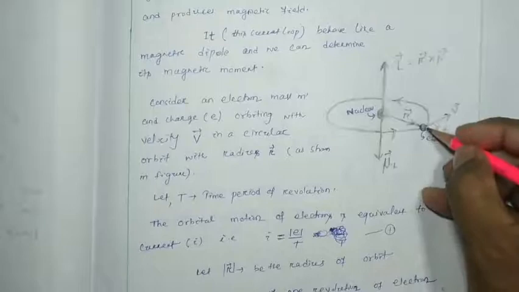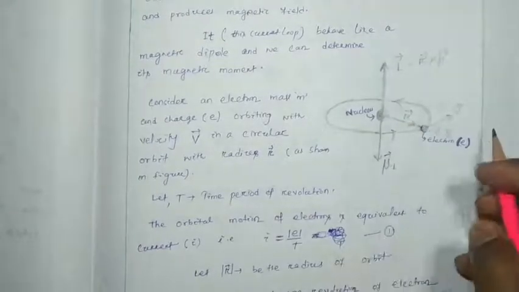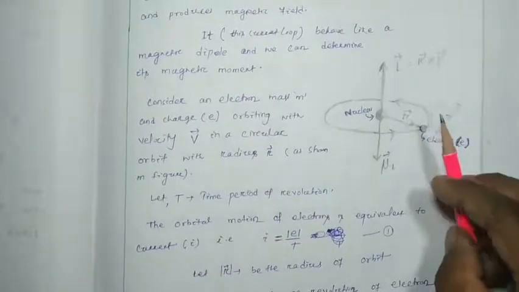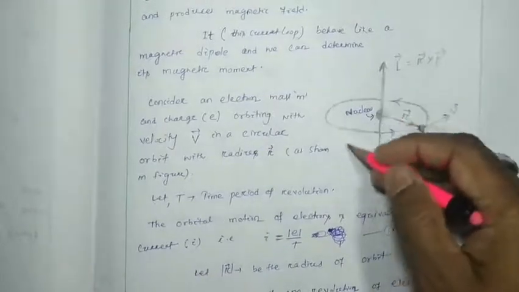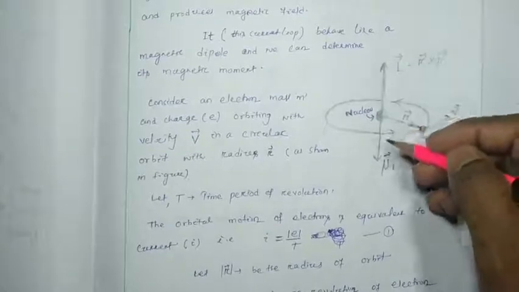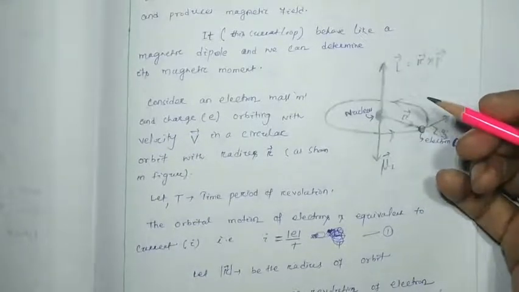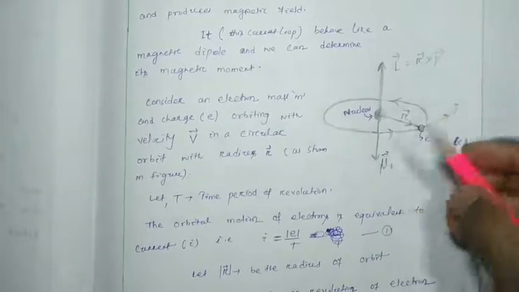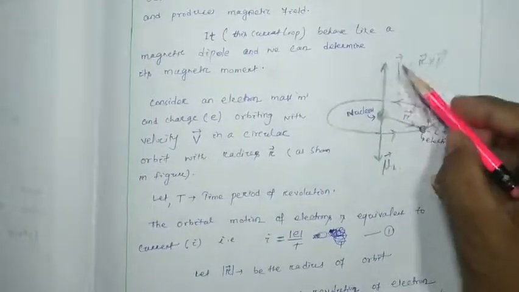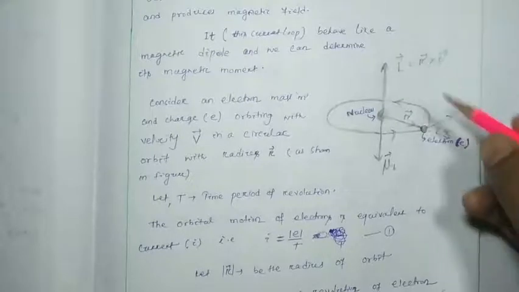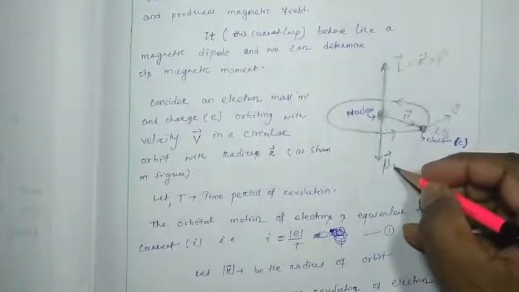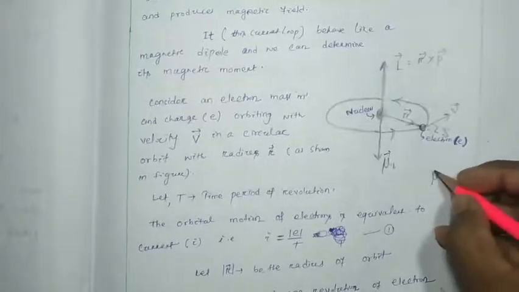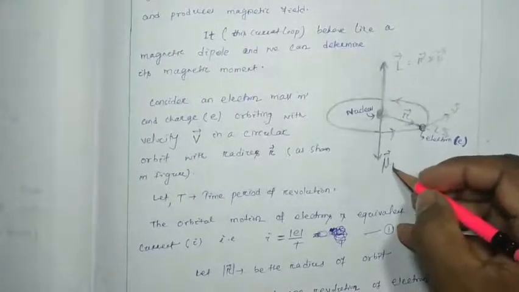Due to the spin of the electron we also get a magnetic moment, but we are not going to discuss that. Some books write it as mu M, and here I have written mu L.